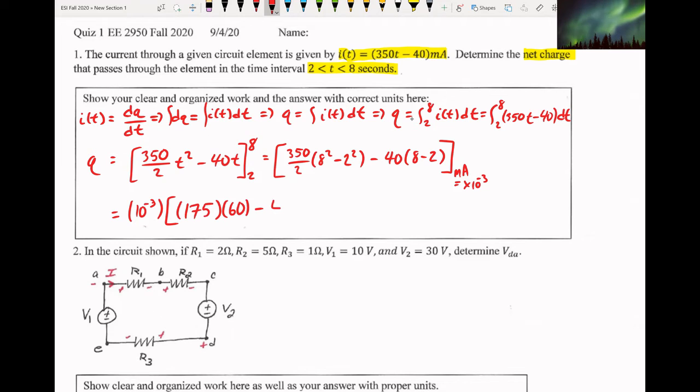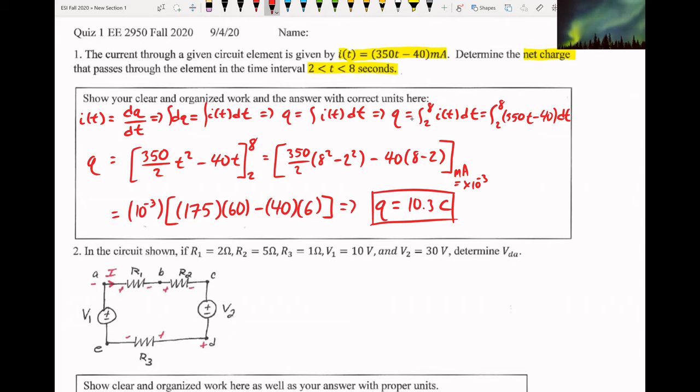We'll do minus 40. And 8 minus 2 will give us 6. And if we multiply out, we will find that Q is equal to 10.3 coulombs, which is our answer.